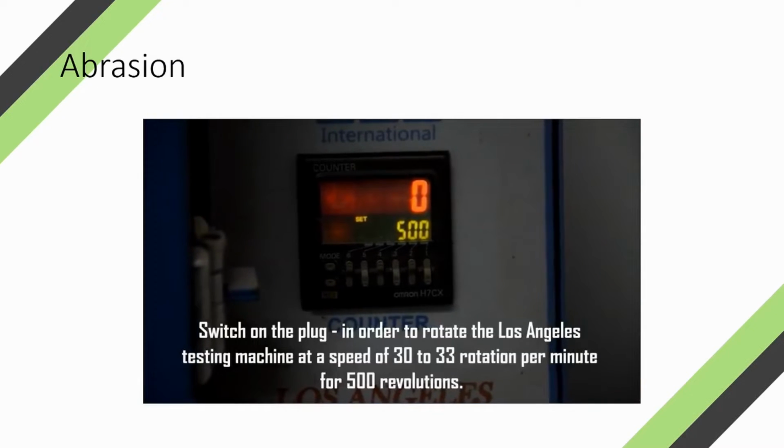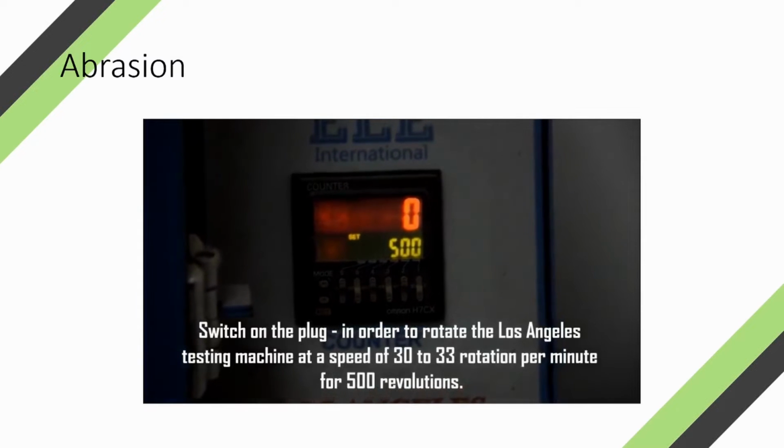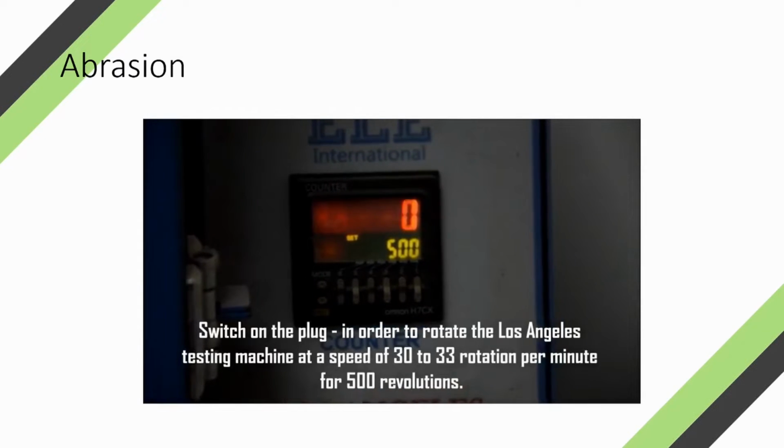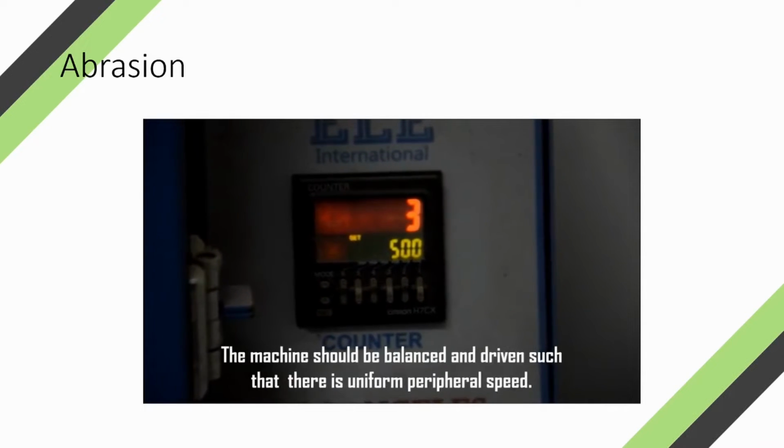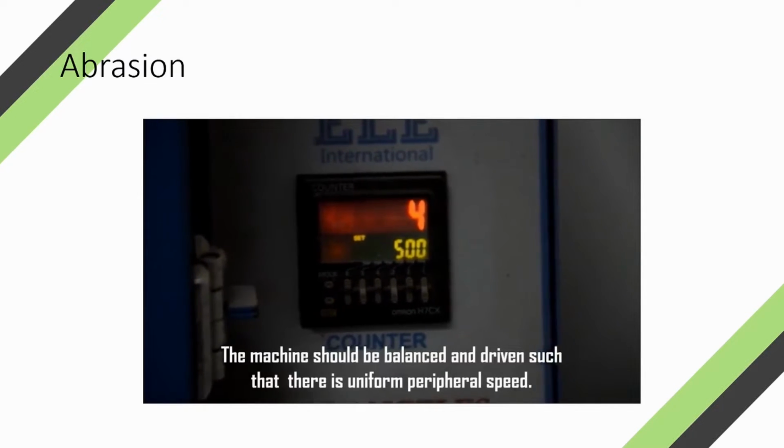Switch on the plug, in order to rotate the Los Angeles testing machine, at a speed of 30 to 33 rotations per minute, for 500 revolutions. The machine should be balanced, and driven such that there is uniform peripheral speed.